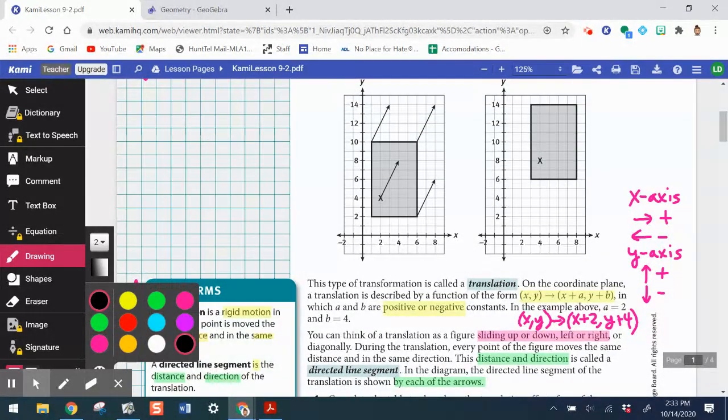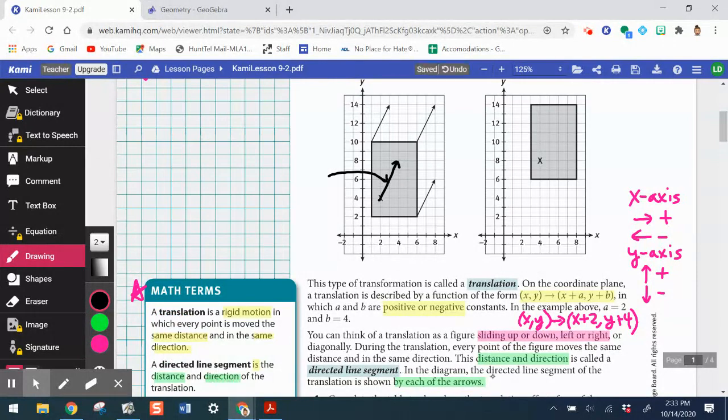So this, what is really called a vector, it looks like a ray, is actually the directed line segment. And it's shown here with all of these arrows that is how far and in what direction, hence the arrow, how far each of those points move through the translation.